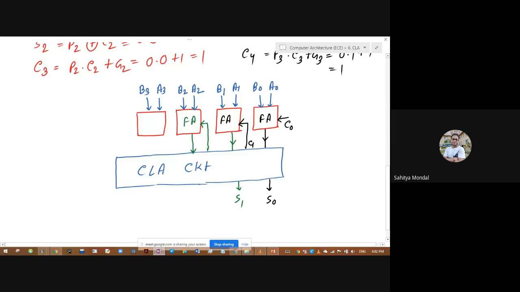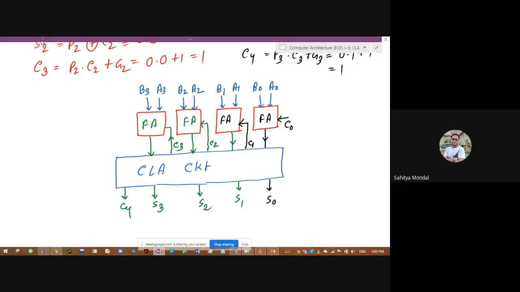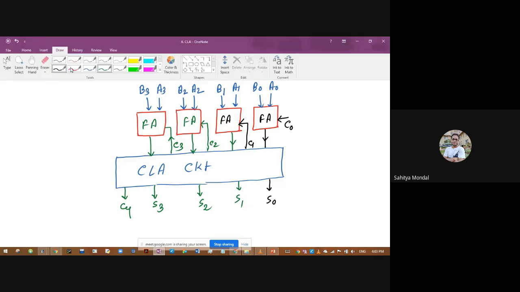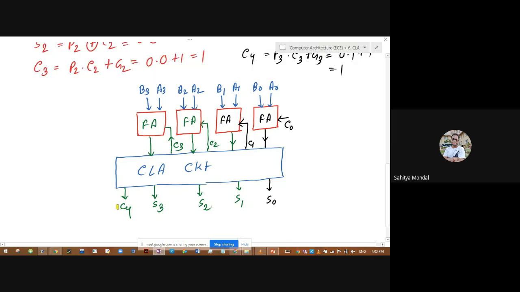This one gives you S2, and this is the carry C2, and this is the carry C3. And for the last one, it takes all the inputs, generates S3, and the last carry C4 is also generated as a result. So this is going to be the block diagram of the 4-bit CLA.